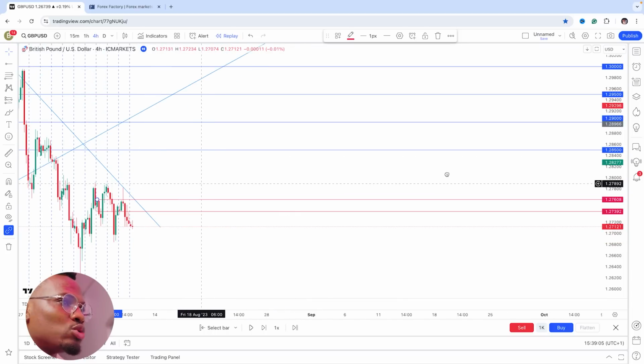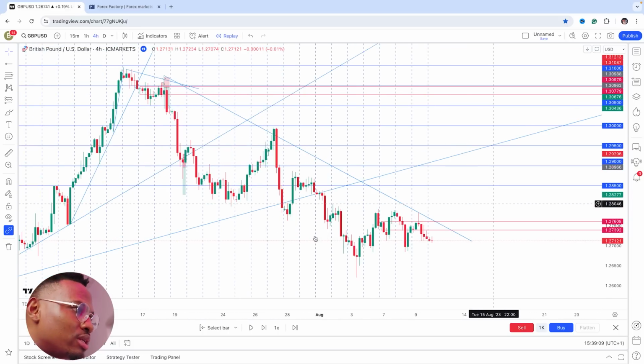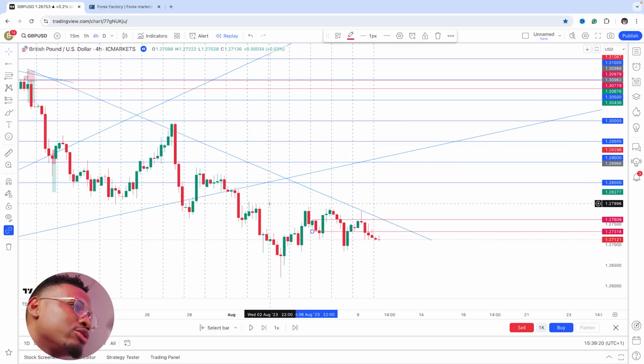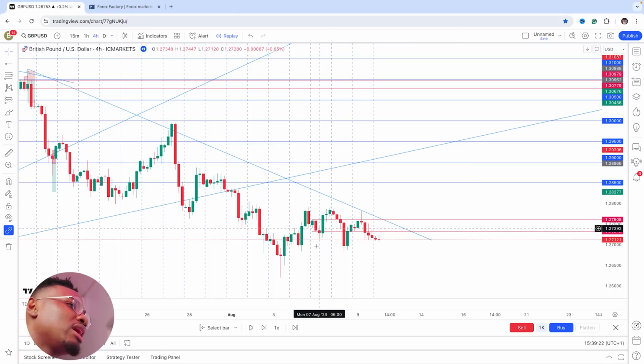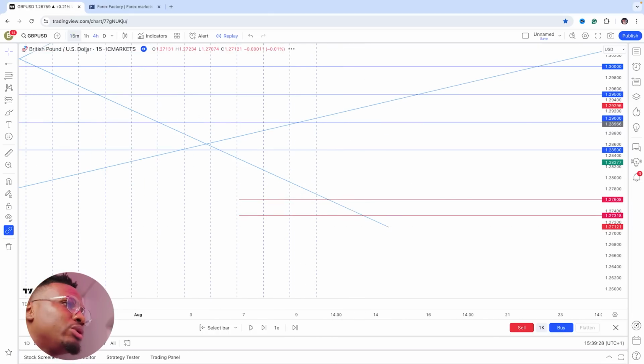On the 4 hour is where I look for the first 2 candles to form, and then these are the candles, 1, 2. So the lowest was this red one, and then the highest is the green one. So I was correct. We're having bears break out first, so we're going to be having more sales for the week.